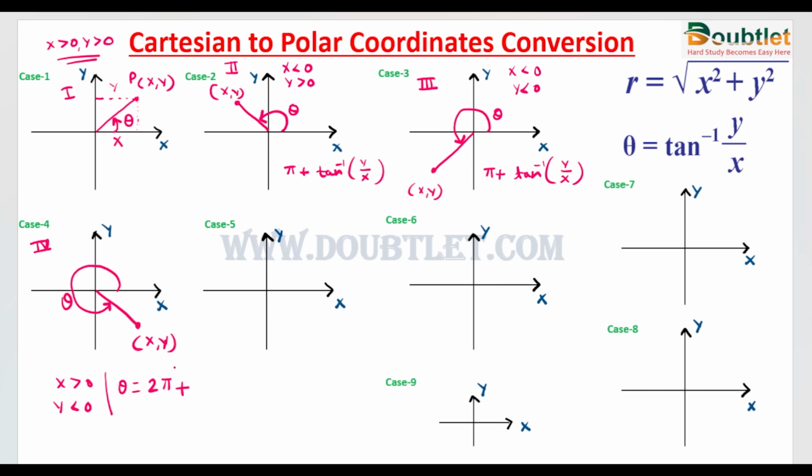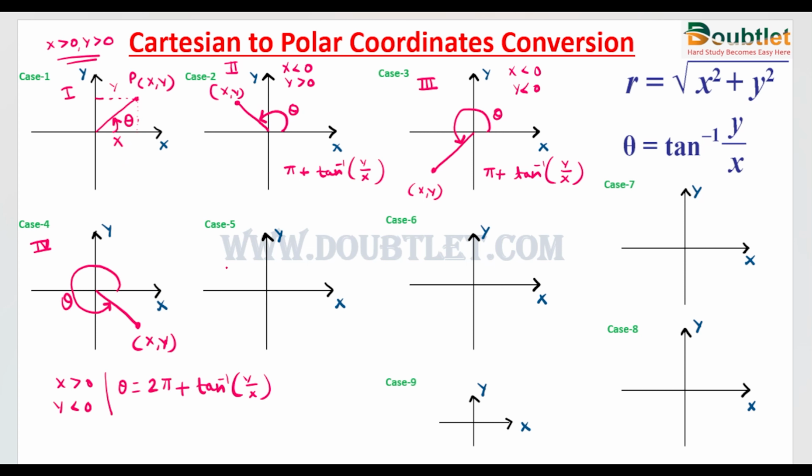Here y is negative, so y divided by x is negative, and tan inverse is an odd function, so it throws out the minus sign. So it becomes 2 pi plus tan inverse of y divided by x. We have now covered all four quadrants: first, second, third and fourth.